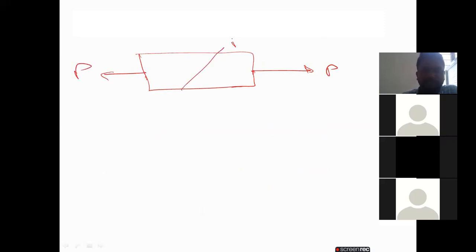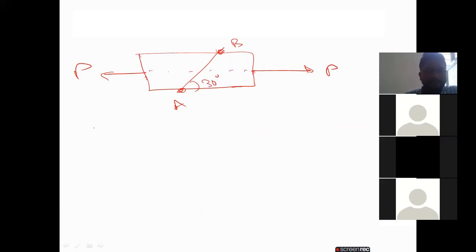I will draw the diagram easily. This is the P value and this is the section AB up to here only. The angle is 30 degrees, given in the problem.